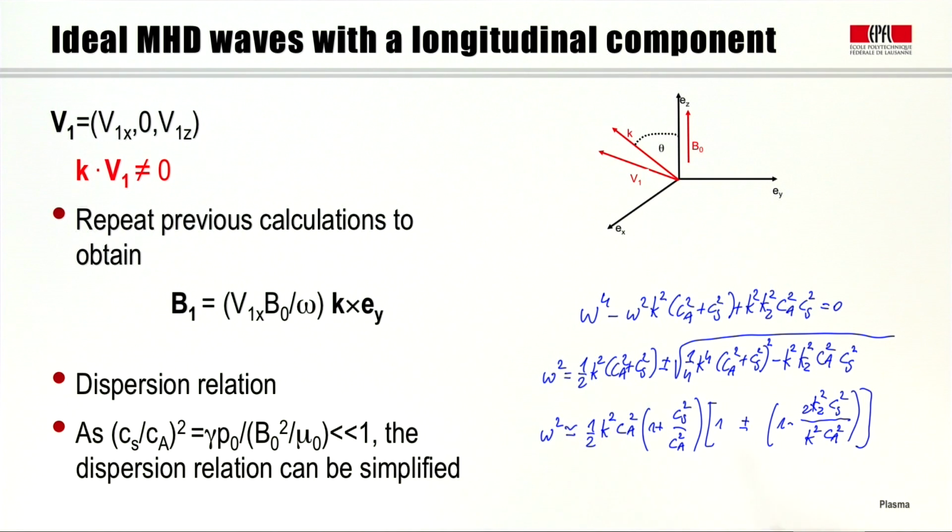We end up with this formulation: omega square equals 1/2 k square Ca square times 1 plus Cs over Ca square, so a first correction in Cs, 1 plus or minus the two roots for omega square, 1 minus 2 kz square Cs square divided by k square Ca square.